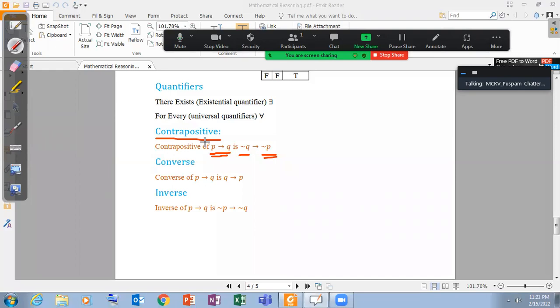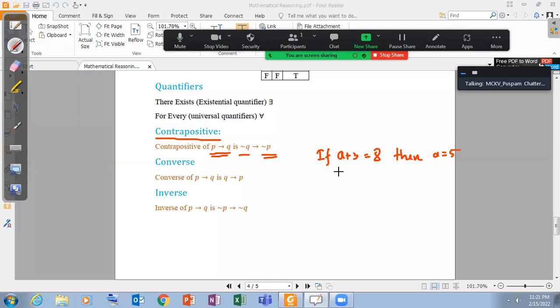Let us say you have: if a plus 3 is 8, then a is 5. So this is an implies statement.